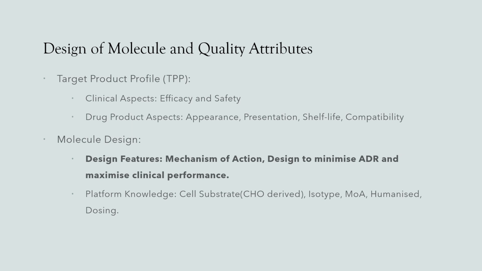Do we want to see just the binding effect and, if you like, neutralization of the particular protein or target? Or do we also want to see an immune response, the effector response, the ADCC and the CDC response?